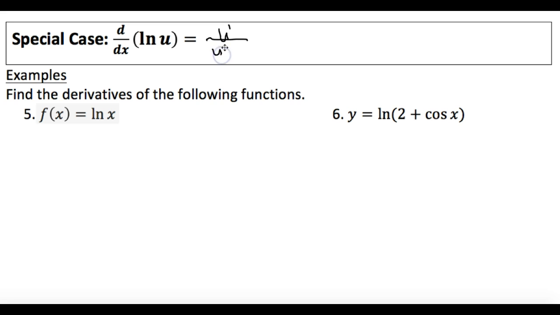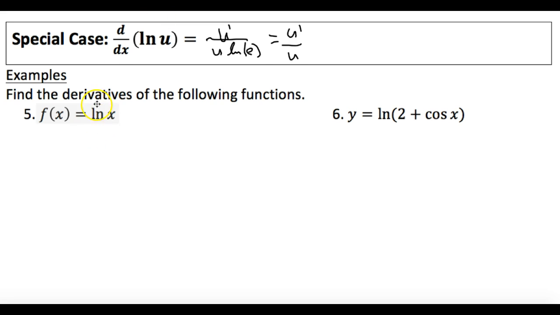Then on the bottom we have u times the natural log of the base. But here my base is e, so we get natural log of e in the denominator. So what that means is whenever we have a natural log, its derivative is just u prime over u, because the natural log of e is just 1.